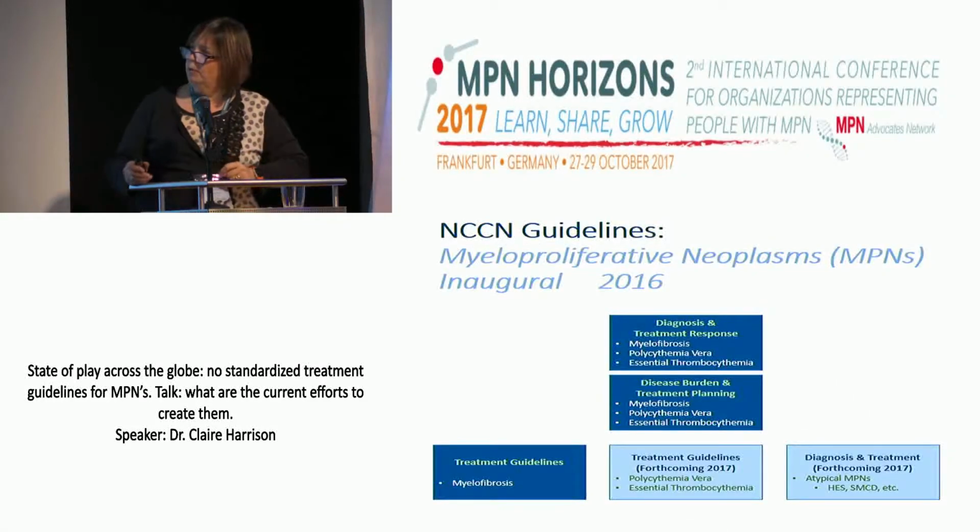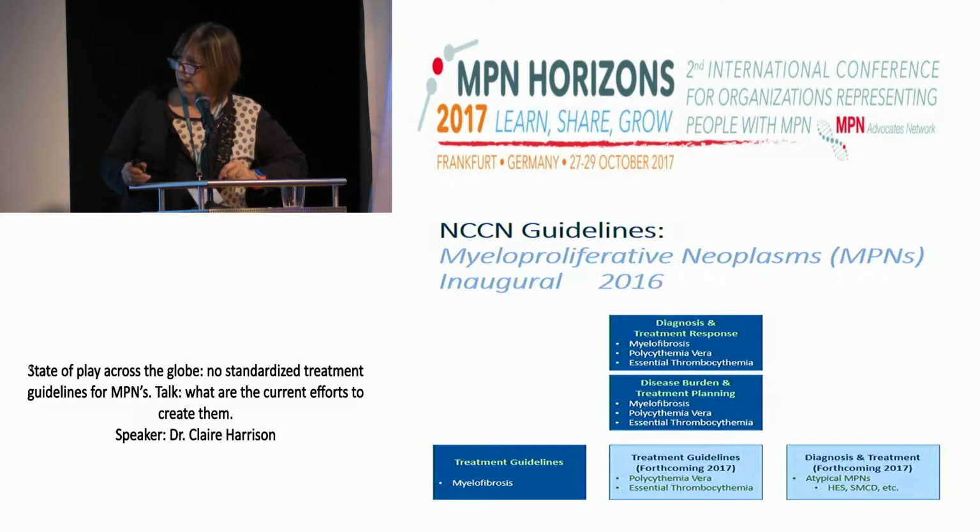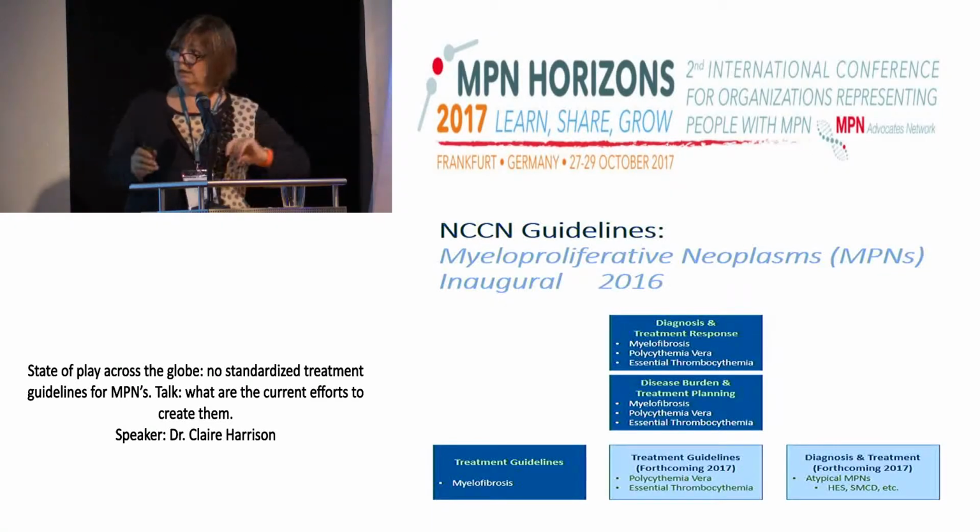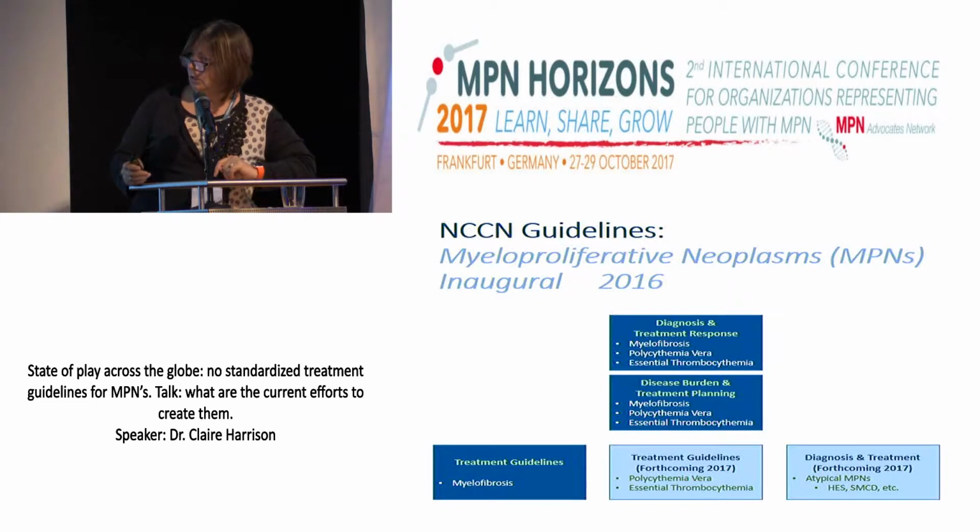Most recently, probably, are the NCCN guidelines, and these are really, really important. There are a few slides on these because of course, the reach of these guidelines is really rather massive, and the aim of the guidelines is very global. They are looking at making guidelines for diagnosis, treatment response, disease burden and planning.